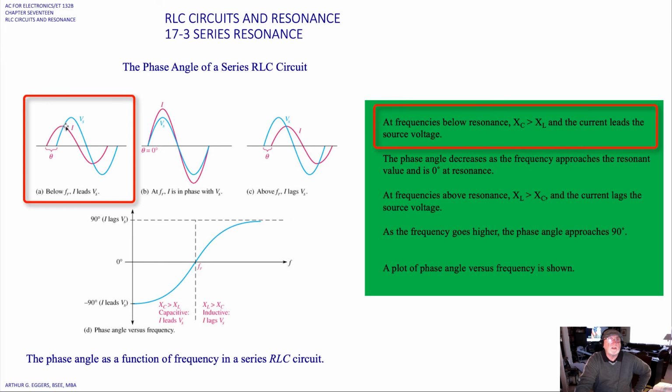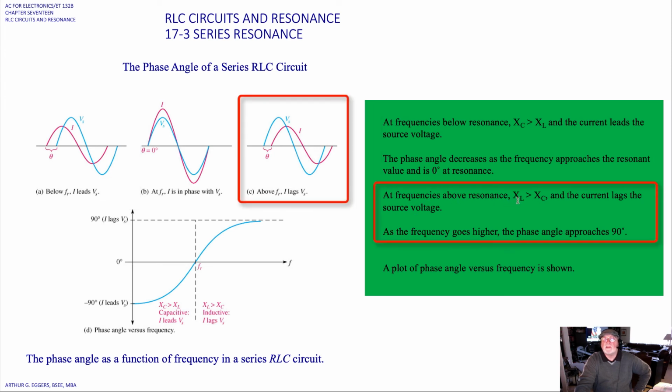The phase angle decreases as the frequency approaches the resonant value and is 0 at resonance. At frequencies above resonance, the inductive reactance is greater than the capacitive reactance and the current lags the source voltage. In the third diagram, we can see just exactly that, where we have a lag between the source and the current, whereas in the first you can see current leading the voltage.